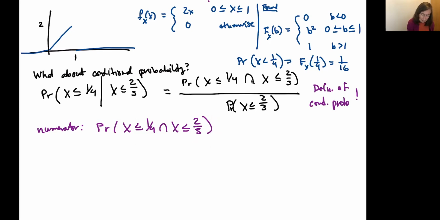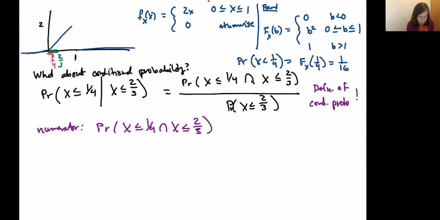If that doesn't seem quite clear, let's just look here and say, I'm not really drawing this to scale, but let's say that's 2/3 there. So this green, that's the conditioning event here. And what is the probability we're interested in here? 1/4.